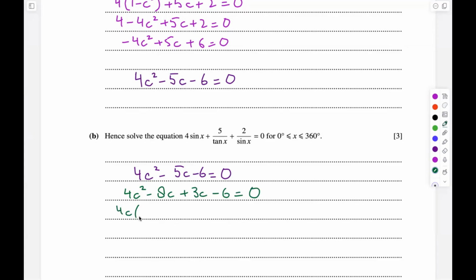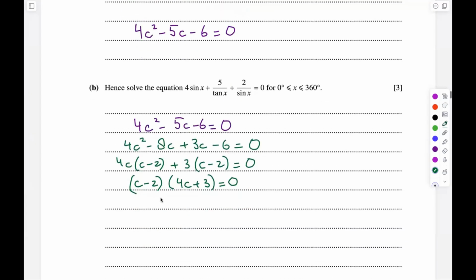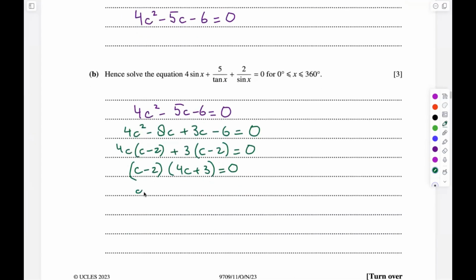Taking 4 cos common, we'll get cos minus 2. And taking 3 common, we'll get cos minus 2 equals 0. Simplifying, we'll get cos minus 2 and 4 cos plus 3 equals 0. So finally, cos theta is equal to 2 and cos theta is equal to minus 3 upon 4.